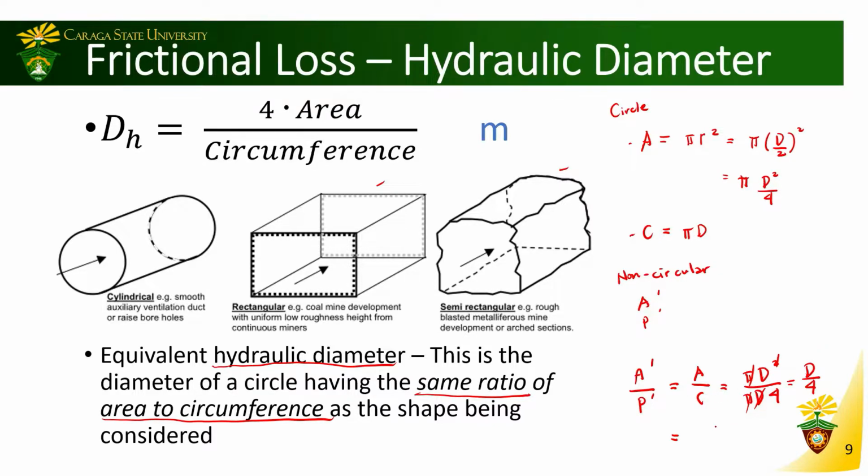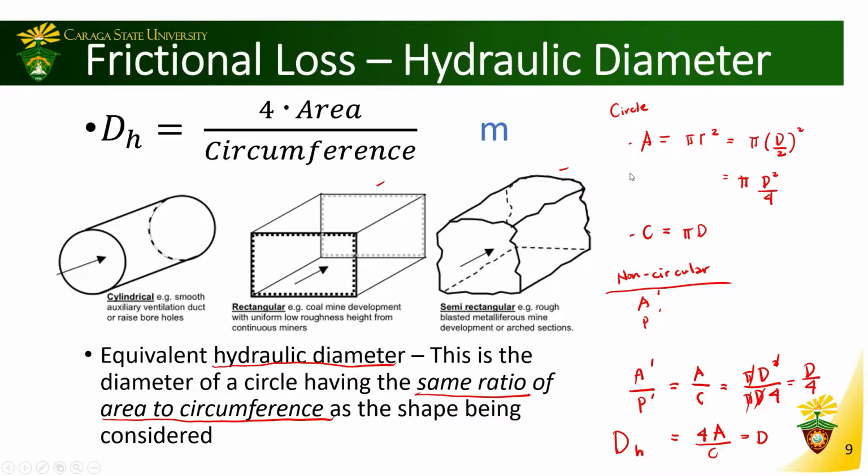So if we arrange this, this becomes 4 times A over C is equal to D. And this gives us the hydraulic diameter for a non-circular opening or airway. So you could see that it would be the same as this one, 4 times the area over the circumference.